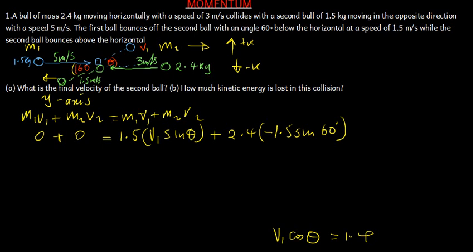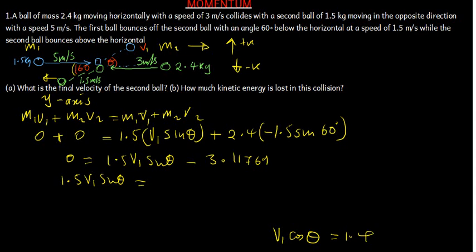Okay, so this side is 0, and then we have 1.5 v1 sin theta, and then sin 60 times 1.5 times 2.4. So this value is giving negative 3.11769. Okay, we can take it the other side and it's going to become positive, so that will be 1.5 v1 sin theta is equal to 3.11769.